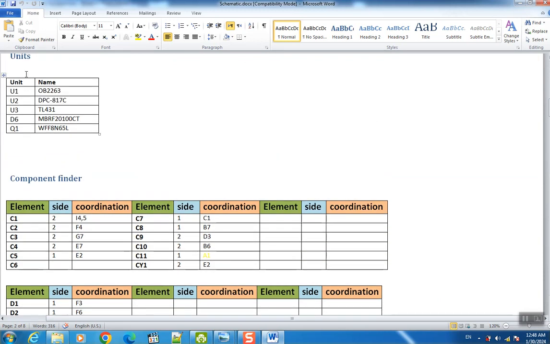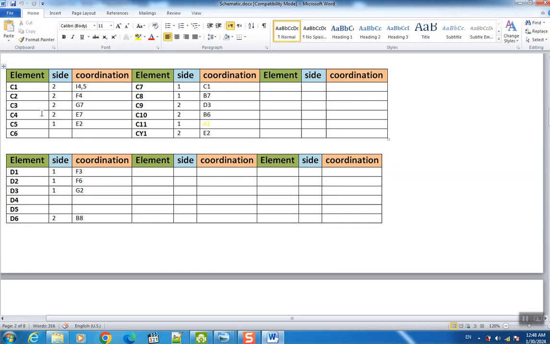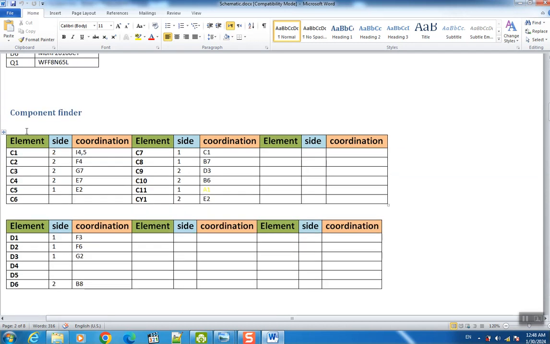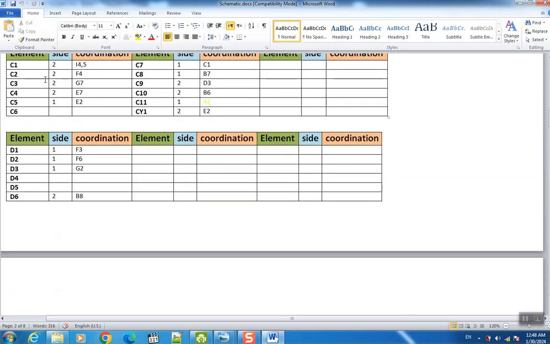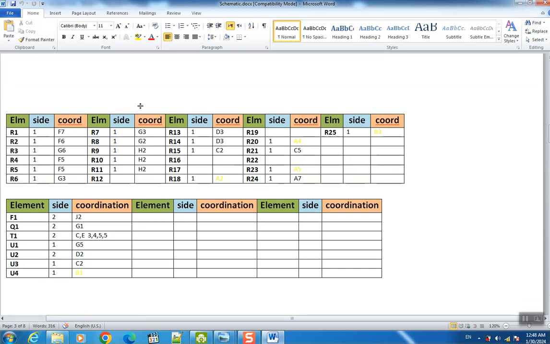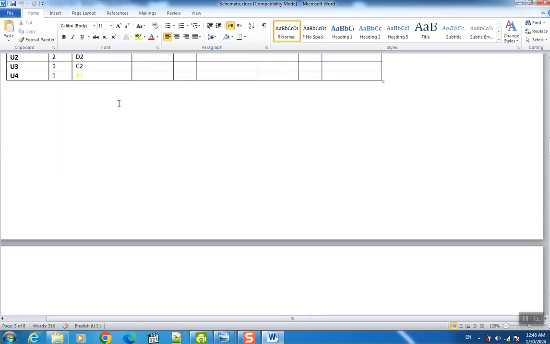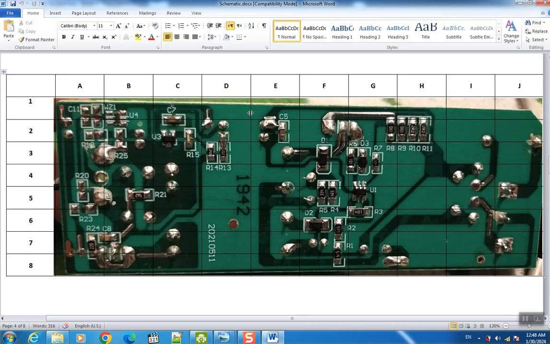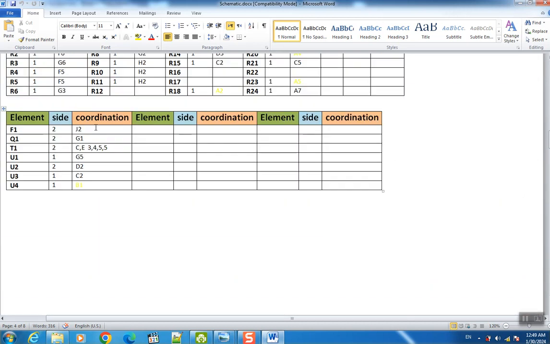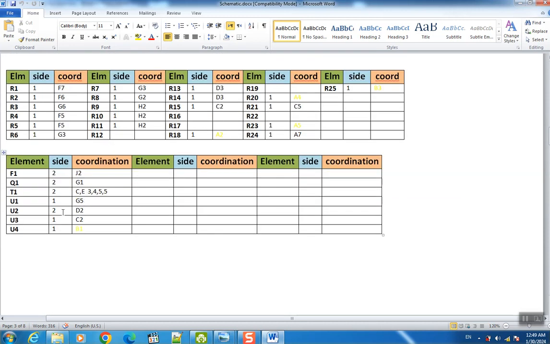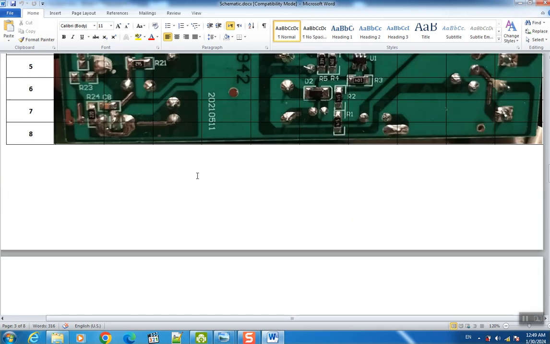I have named the units here. Component finder I've defined here. For example, if you want to find U2, it is on the side 2 D2.